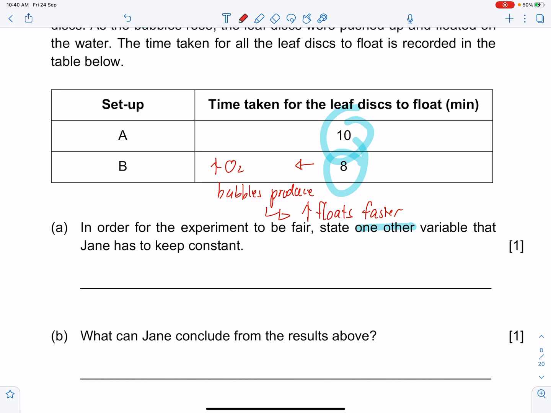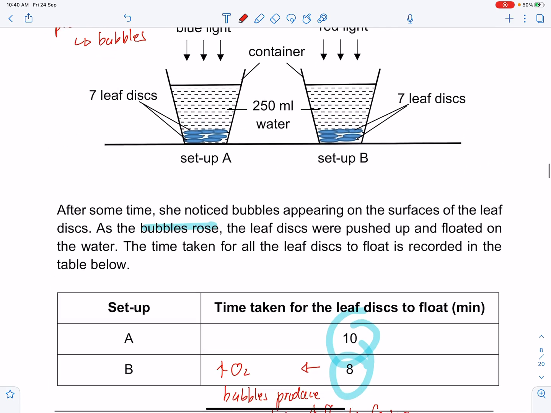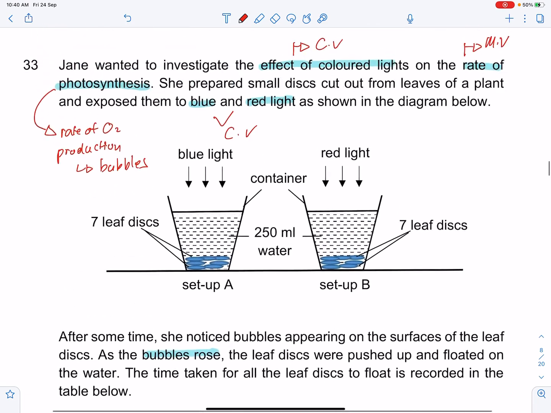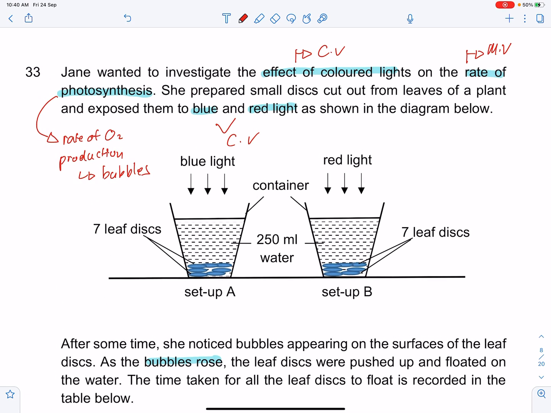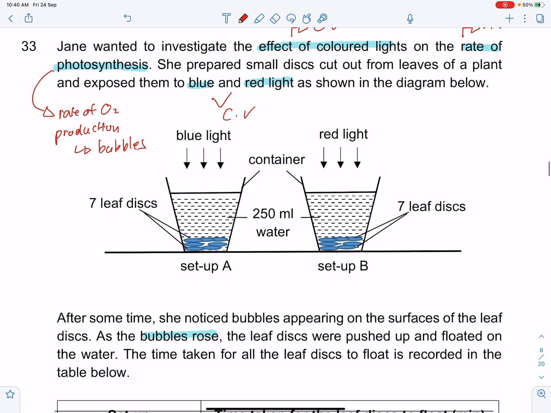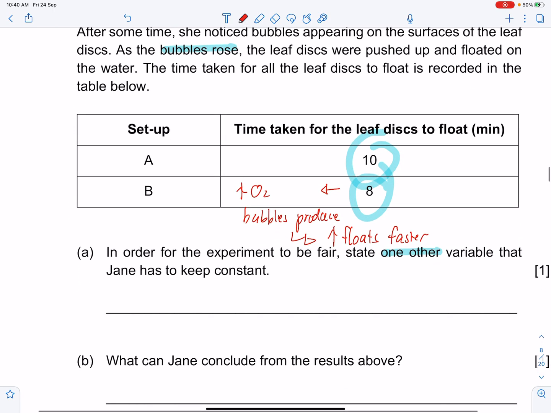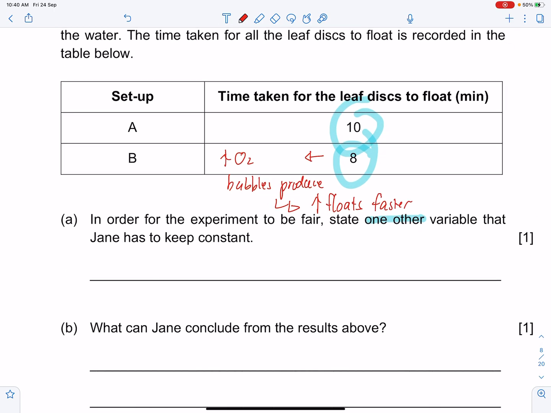Okay? Instead, what can you talk about? You can talk about the size of the leaf. Okay? You can talk about the type of leaves. You can talk about, even higher level, the light intensity, correct? So you can say light intensity.